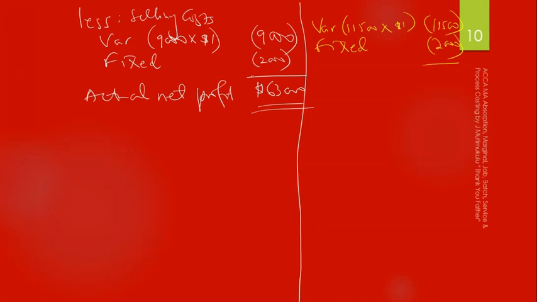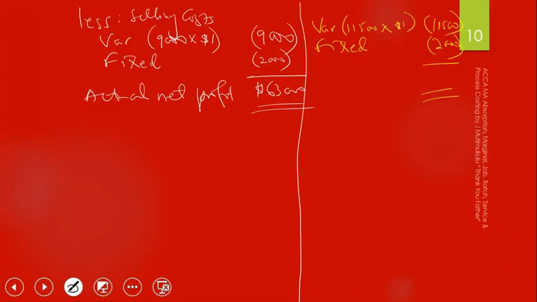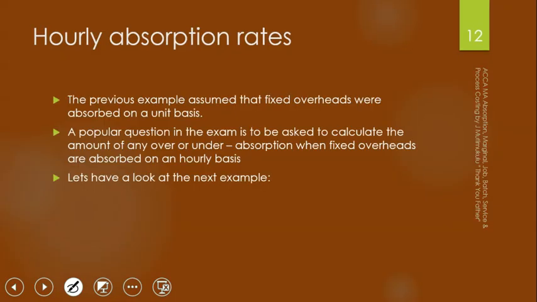So if you deduct these costs from your actual gross profit of 91,000 minus 11,500 minus 2,000, we get 77,500. That's how we do it, ladies and gentlemen. Let us quickly go to the other example which follows.